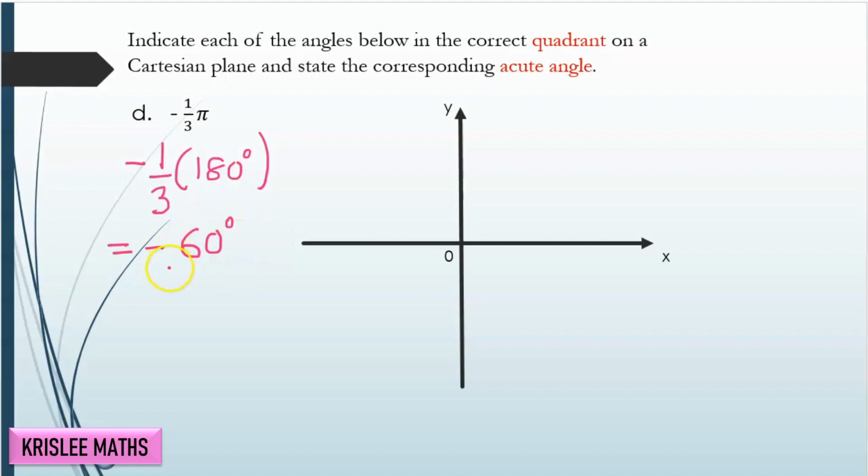Okay, the angle is a negative angle, therefore you have to go in clockwise direction and you will stop here because you won't go beyond that. Okay, let me do it again. So it is only 60 degree, so you stop here. Okay, so this will be the acute angle and the quadrant is fourth quadrant.